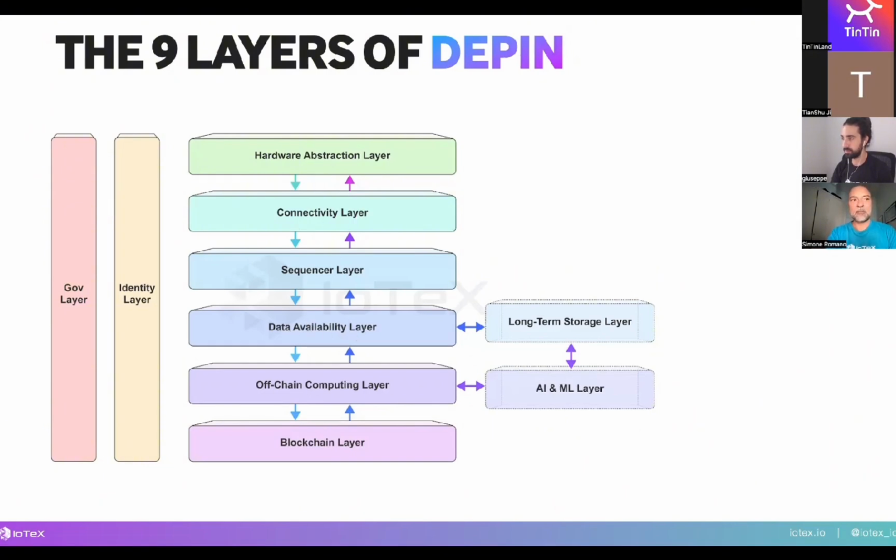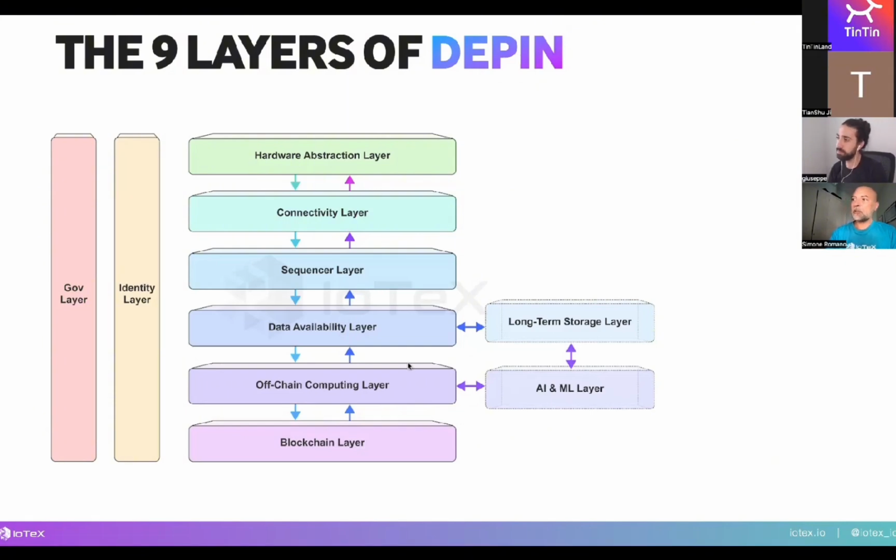That's where these data blocks are stored before they get processed by the next layer that we call the off-chain computing layer, which fundamentally fetches the data blocks from the DA layer, the data availability layer, and processes this data to identify what the devices are doing, so if they are working correctly based on the data that they produce, whatever DePIN logic you want to run on top of the device data.